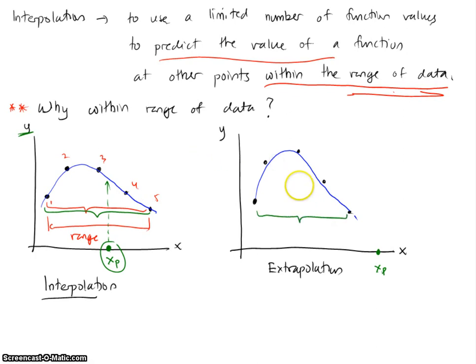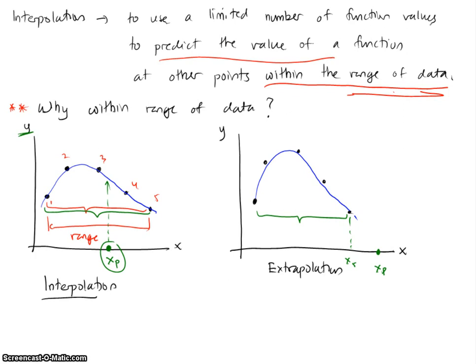You can see xp right now is beyond the largest value, x5. So xp is beyond the range of data that we have. In this case, we are doing an extrapolation, just because the point we are interested in lies beyond the range of data points that we have. So you should be able to differentiate between extrapolation and interpolation.